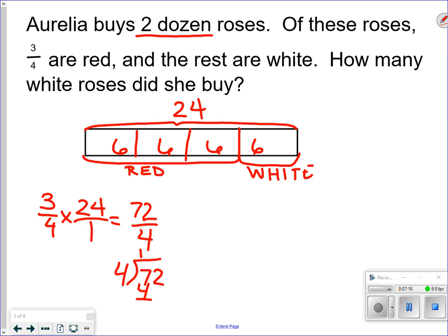That's 18. But that tells me how many red. I still have to come up here: 24 minus 18 equals 6. So you run the risk of getting it wrong because you're going to go, oh, 18, I'm done. That is wrong.